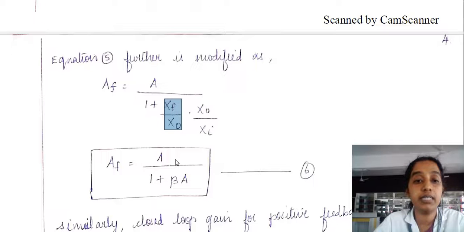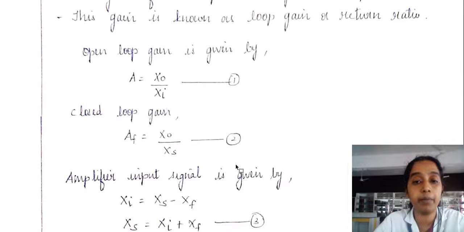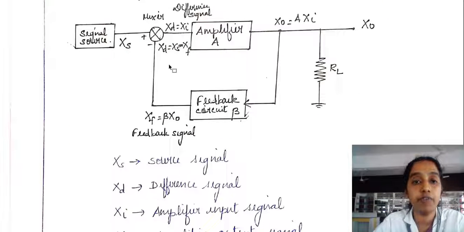Now this is the closed loop gain, or the gain with the feedback for the negative feedback amplifier. So here we get AF as A by 1 plus beta A. Similarly, if I substitute for a positive feedback amplifier, what is the difference signal? If I give a positive sign here, the difference signal will be Xs plus Xf.